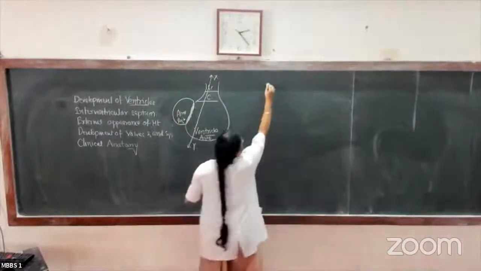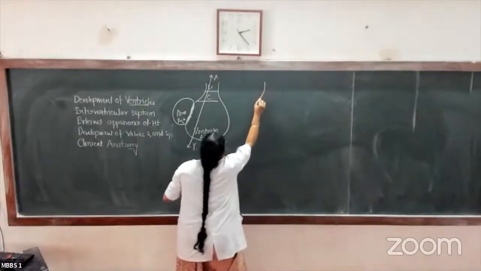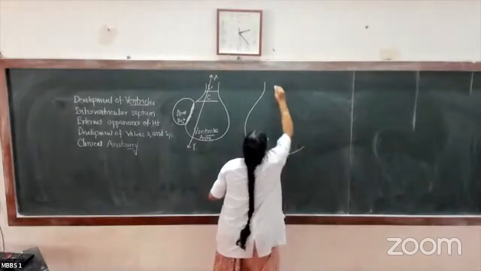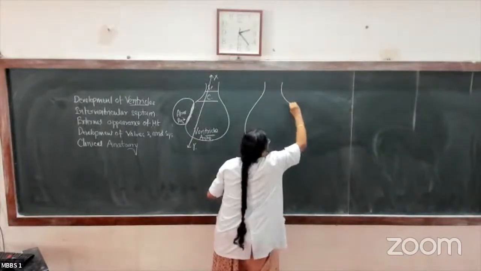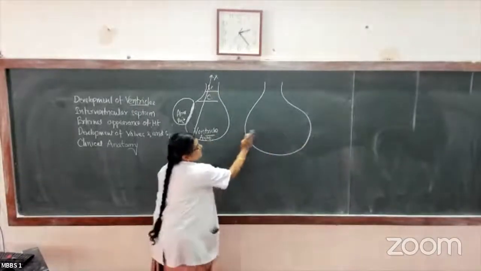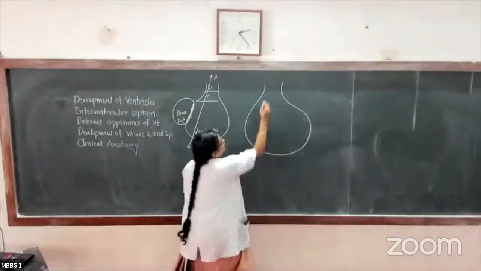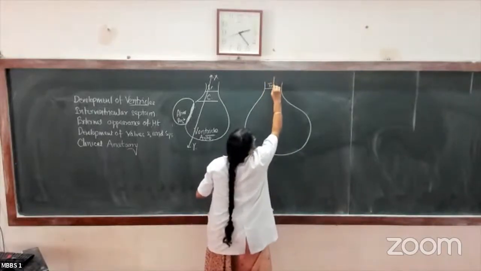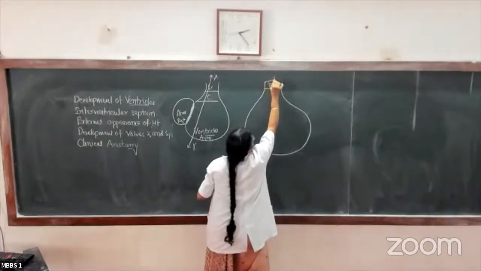See, truncus arteriosus, conus, then you get these ventricles. Okay, it is like this. Okay, this part is less, this part is more. So this one is the truncus, which is now going to form a spiral septum, which we will see afterwards.